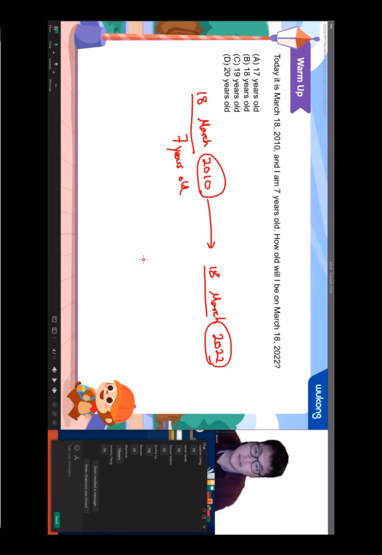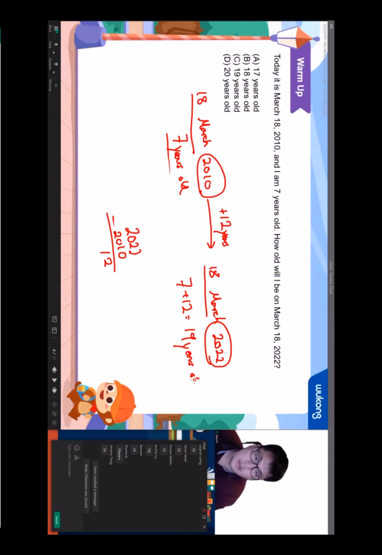So let's find the difference, guys. 2022 take away 2010. So you can see it's 12 years. So we need to add 12 years to 7 years old. So 7 plus 12 equals 19 years old. So that's your answer, which is C.